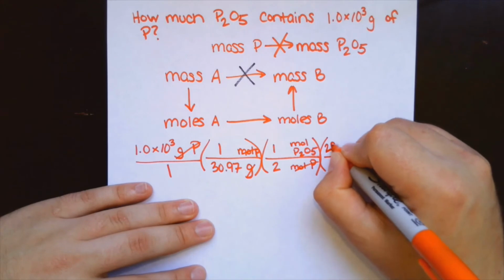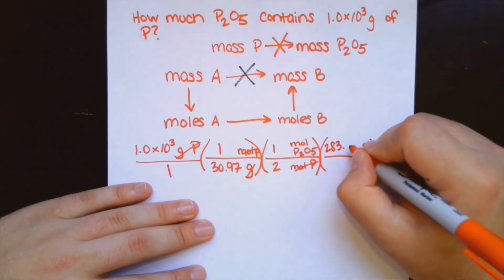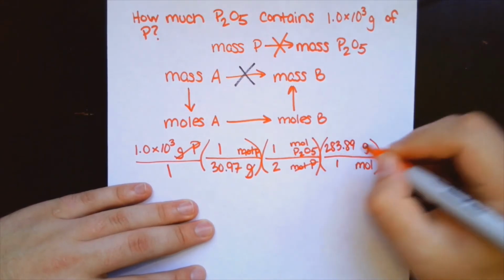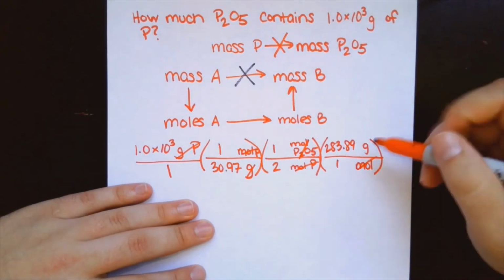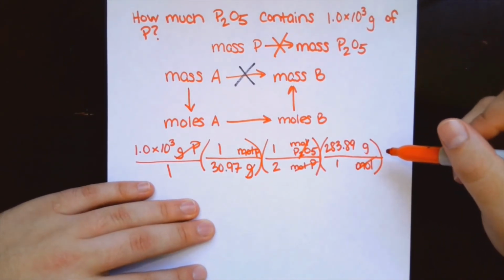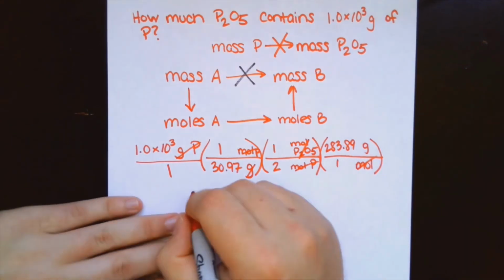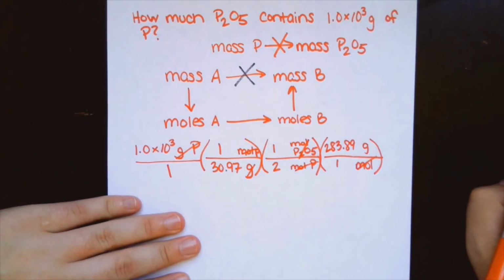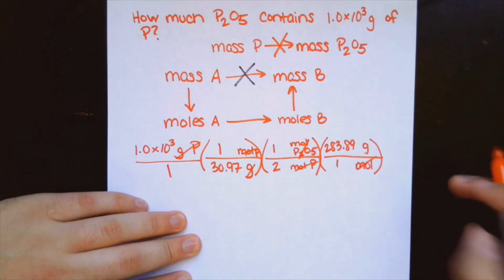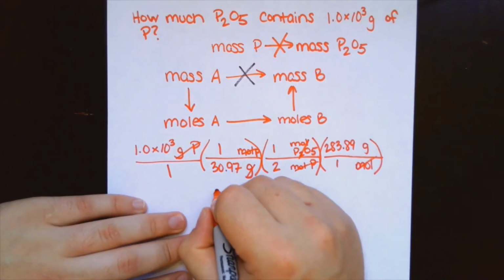So it's 283.89 for 1. Those units cancel out. And the only unit we're left with is grams of P2O5, which is exactly what we want. Now you just multiply all your numerators across, multiply all your denominators across, and divide.